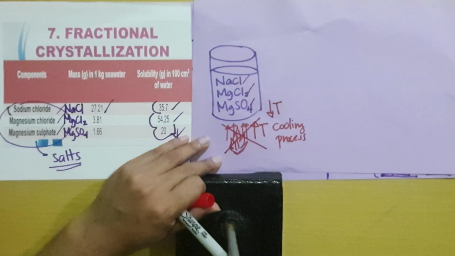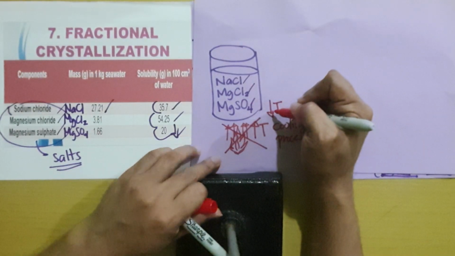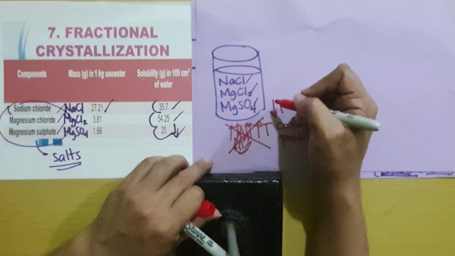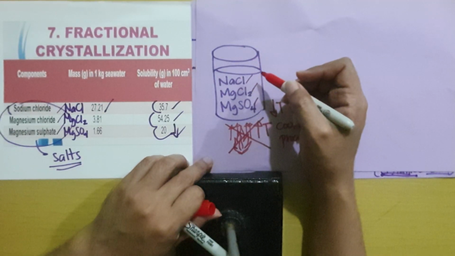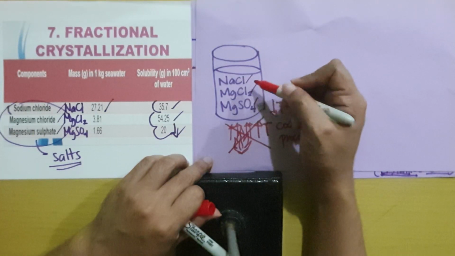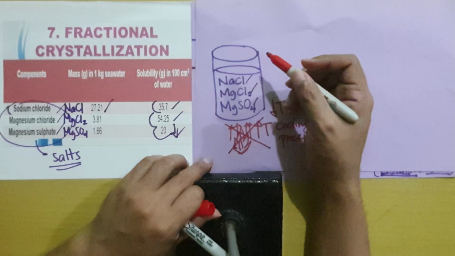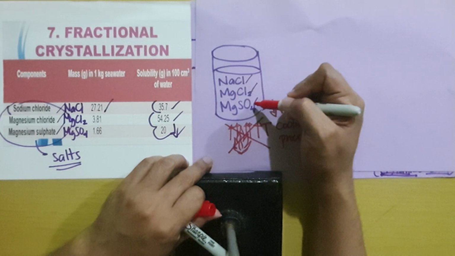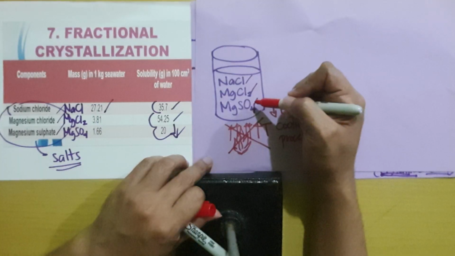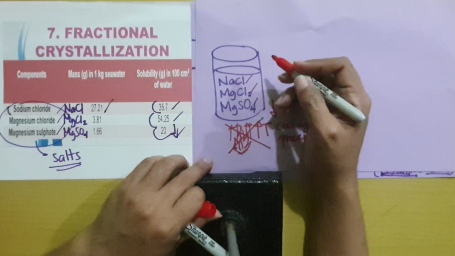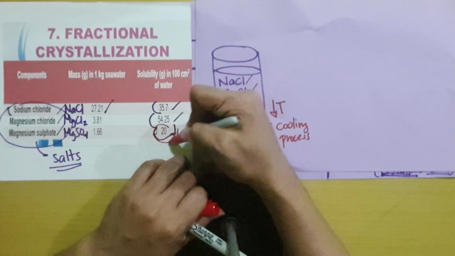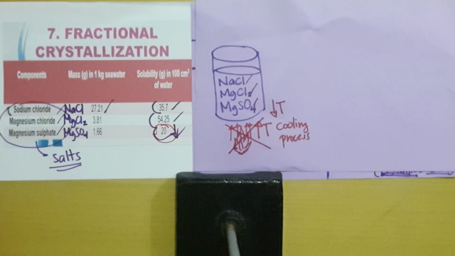Now if we have a very low temperature, what will happen is that there will be the formation of crystals. Among these three types of salt, magnesium sulfate is the first type of salt that will crystallize. Why? Because it has the lowest solubility value, which is equal to 20.